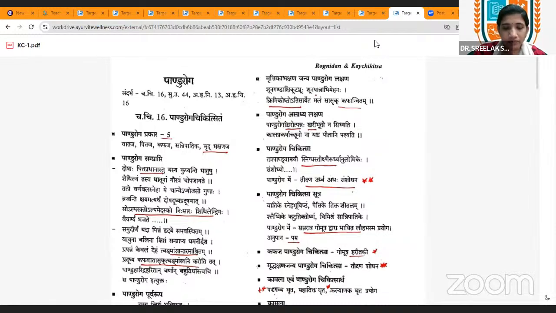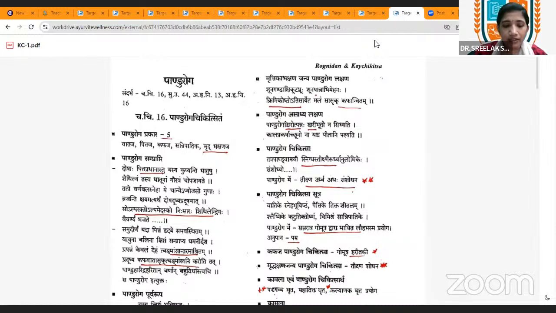So the main point, Dushya, is very important. Charaka mentioned 5, Ashtanga Hridaya 4 except Vata, and Sushruta mentioned only 1, that is Rakta. Whenever you choose the answer, please note which Acharya mentioned it.